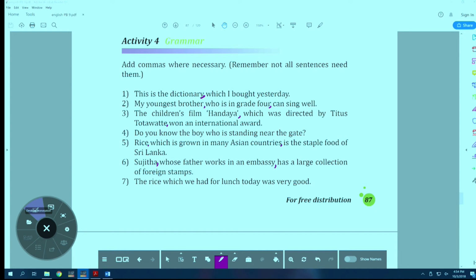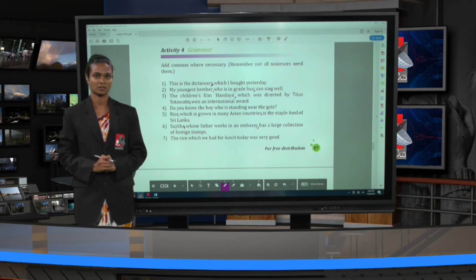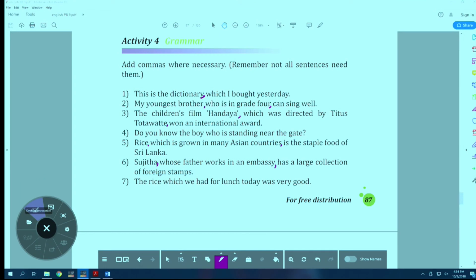You can use that as a defining clause. Finish it. Right.